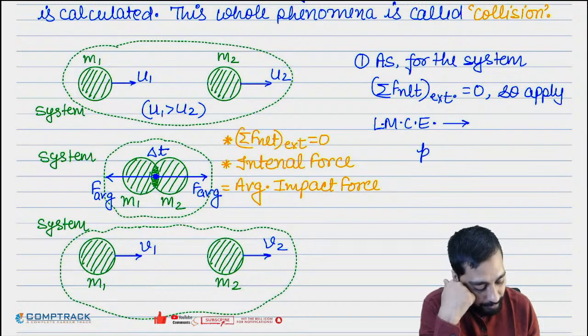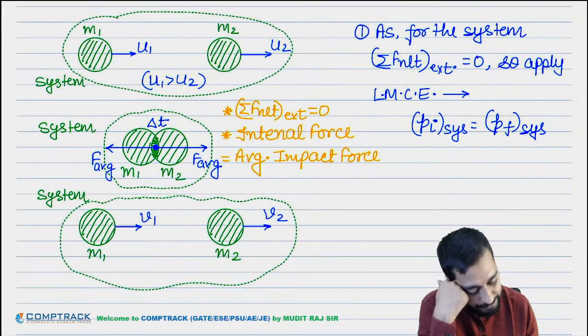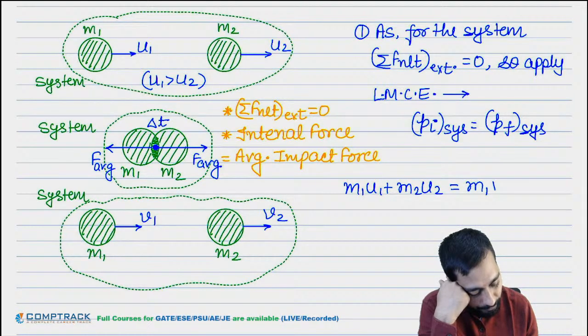So the initial linear momentum of the system will be equal to the final linear momentum of the system. Okay, so what will the initial linear momentum be? It will be m1u1 plus m2u2 equal to m1v1 plus m2v2.